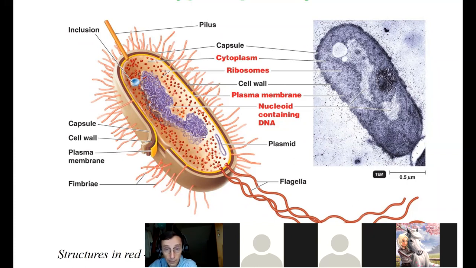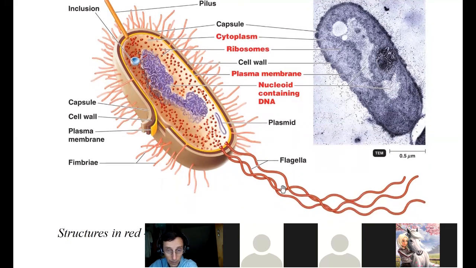Flagella are much longer than fimbriae, and they're made of flagellar proteins. And this is a whip-like structure, and actually we see several of them here, which the cell uses for swimming through a liquid media. So the flagella give the cell movement.